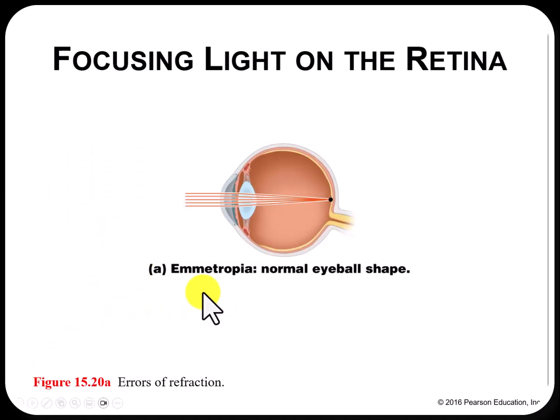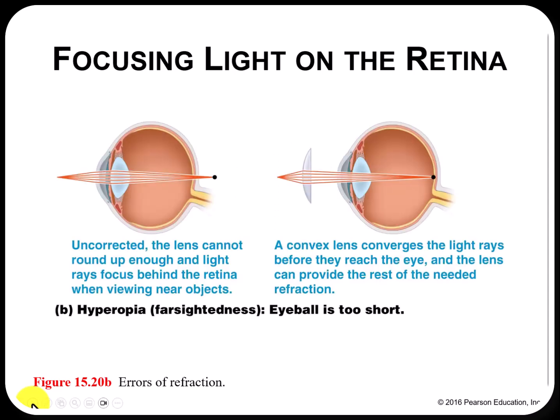And so a normal eyeball, an emmetropic eyeball, focuses just on the retina, but some eyeballs are of different shapes. When they are of different shapes, you need lenses to help focus that point. In hyperopia, or farsightedness, the eyeball is too short.